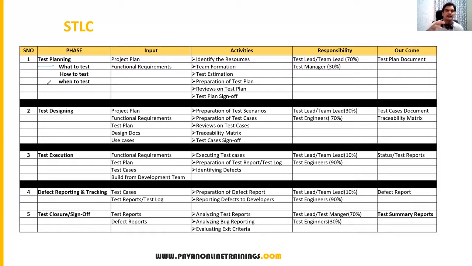Okay, so we have identified certain scenarios, and then how we can conduct testing: what kind of testing we have to conduct and what automation tools we have to use. These all come under how to test.